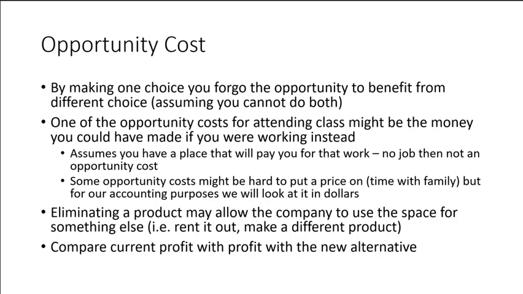But what if you eliminate that product and add a different product? Then that adds a layer of complexity where you're going to have to look at, okay, here are the three products as they currently are. This is what our profit is. Then this is what it would be if we eliminated product B and replaced it with product D.